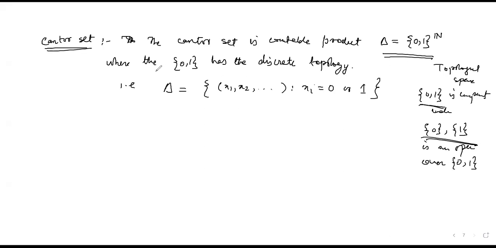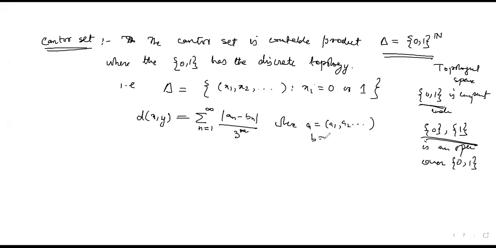Now we can also define a metric. Now d(a, b) equals the summation, n runs from 1 to infinity, of |a_n − b_n| divided by 3 raised to the power n, where a = (a1, a2, and so on) and b = (b1, b2, and so on) belong to my delta.